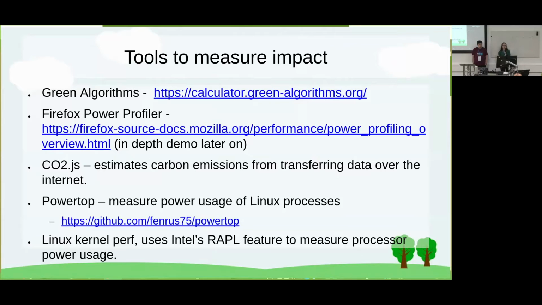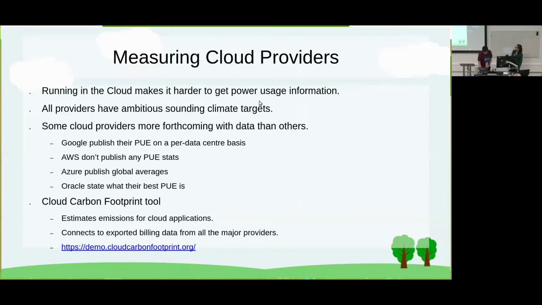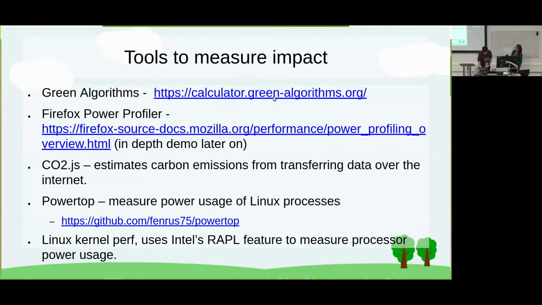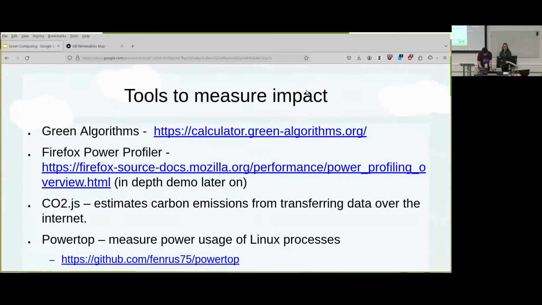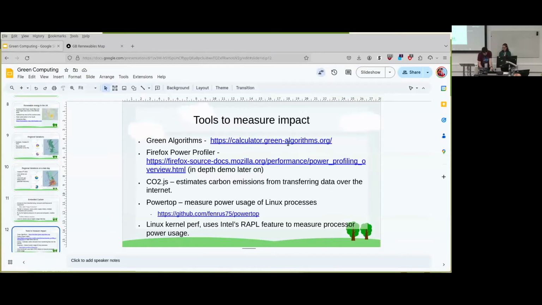The first to point out is Green Algorithms, which I believe was partially developed by Loic, who was in the room. So questions on that, he would be best to answer. The link is there, and they have a calculator which can provide some numbers, which we could potentially show, depending on time. I think we're all right for time. We'll try and give a little demo.